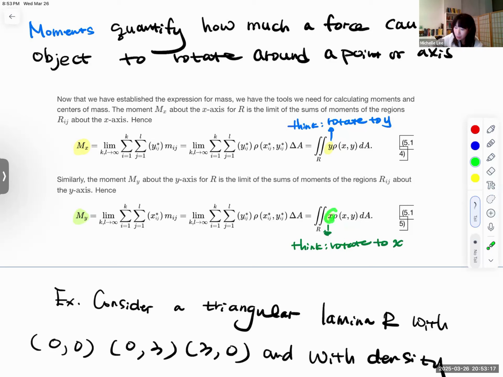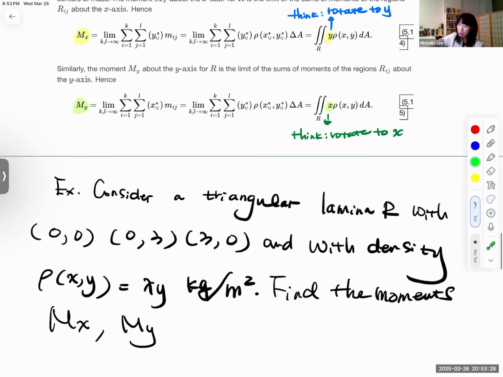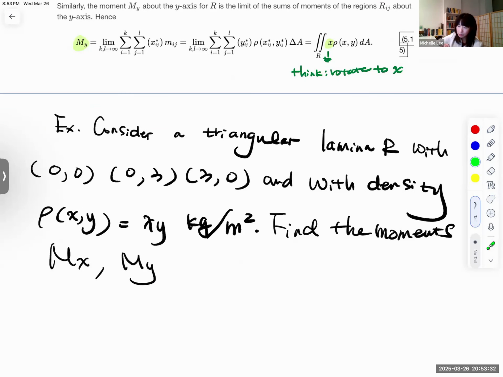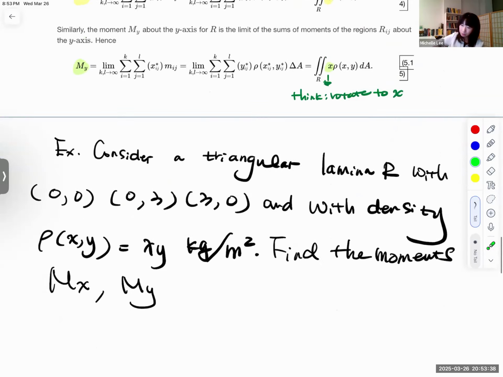That's why we put the x there. Make sense? Then we are using this formula to find those moments, right? So same problem. Let's do it.